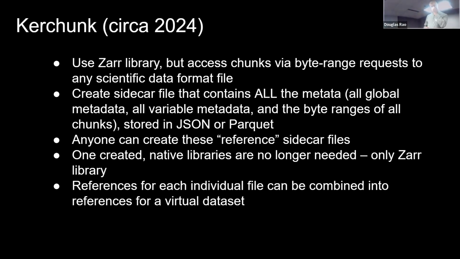And this was a real breakthrough because at this point you realize that the file formats don't really matter: GeoTIFF, NetCDF4, HDF5. It's really about the chunks, the size of the chunks and the shape of the chunks.